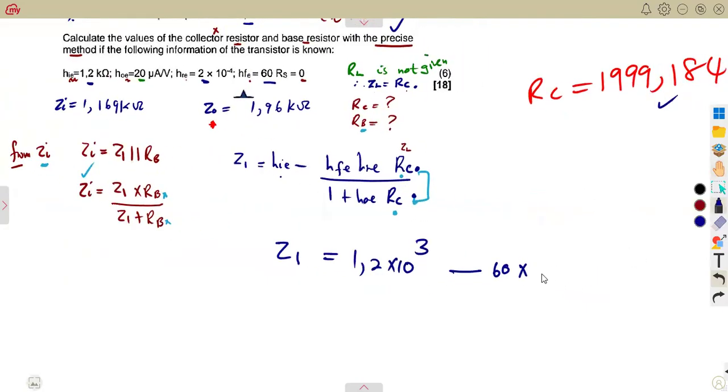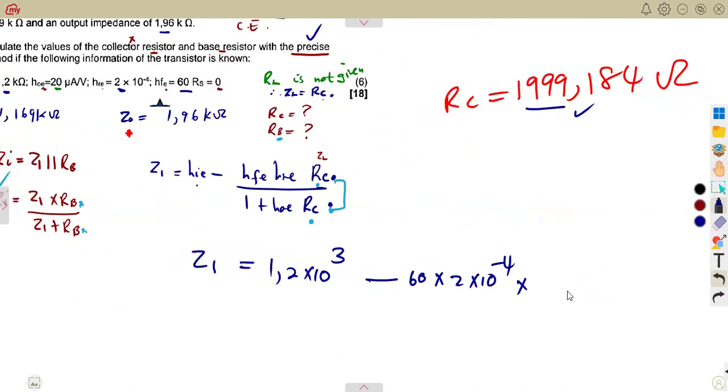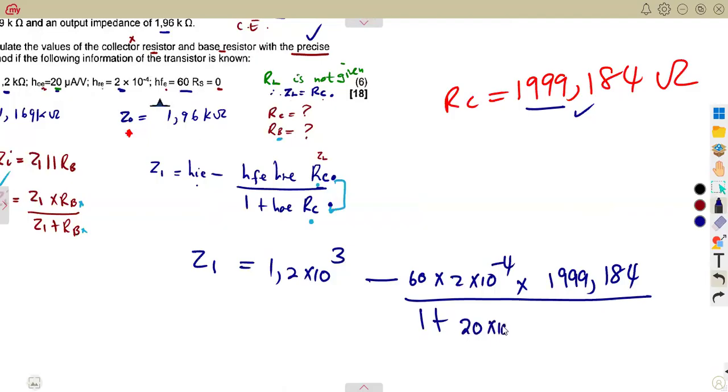That is 2 times 10 to the exponent of minus 4 times RC, the one that we just calculated right now, which is 1999,184 over what? 1 plus HO, as it is given, 20 micro. 20 times 10 to the exponent of negative 6 times RC again, as it is 1999,184. So this is what you're going to have.